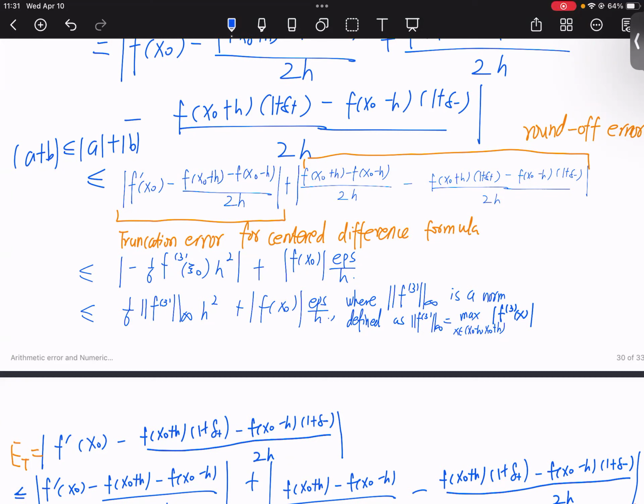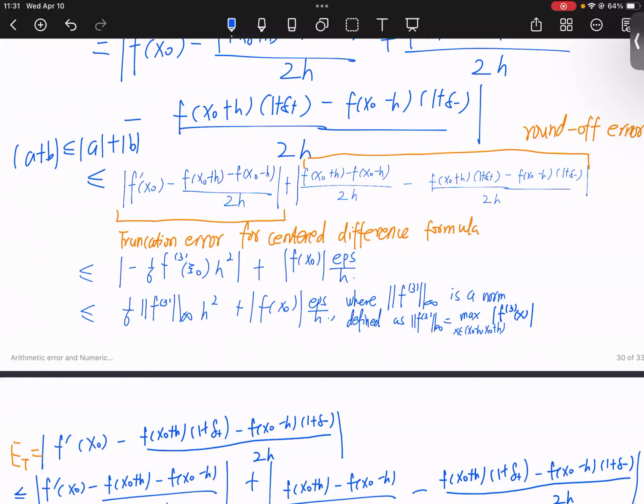Does that make sense? So c could be anything in between this interval, so I'm going to use the maximum on this interval to bound this number. Any question here? So this is the definition of the infinity norm, but the infinity norm is just the maximum of the function on this interval.